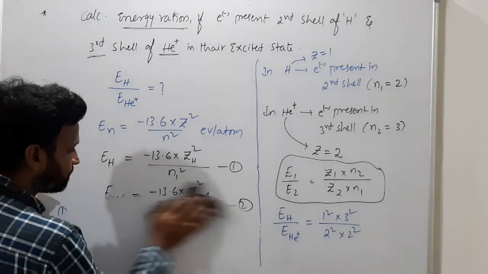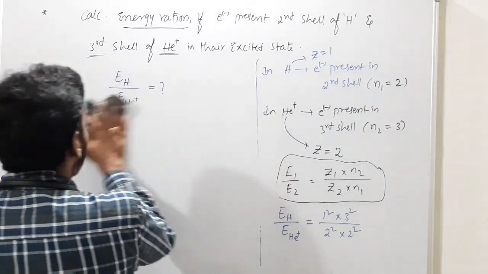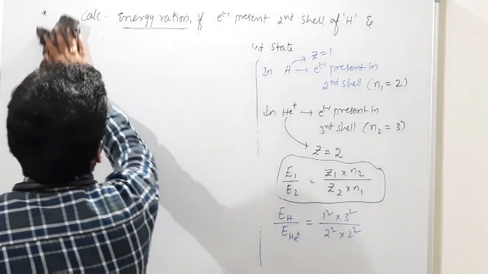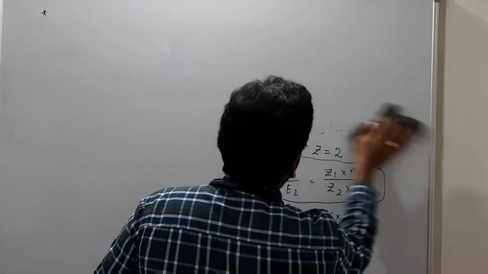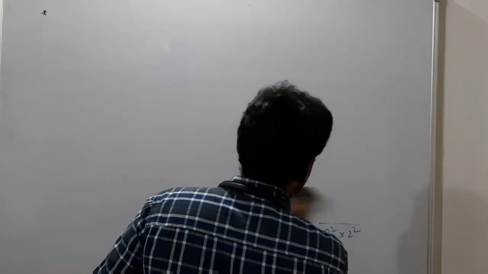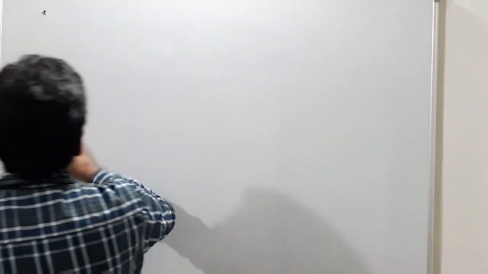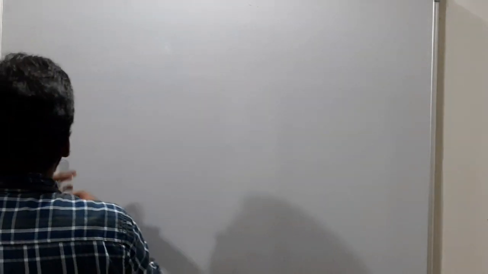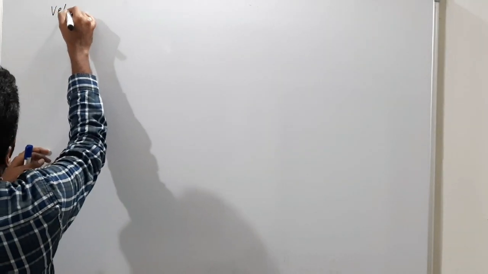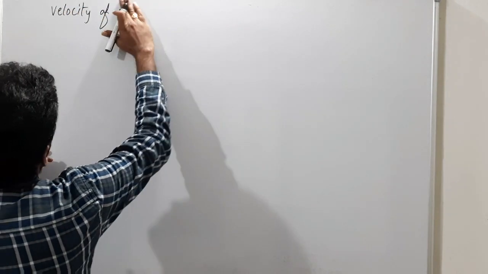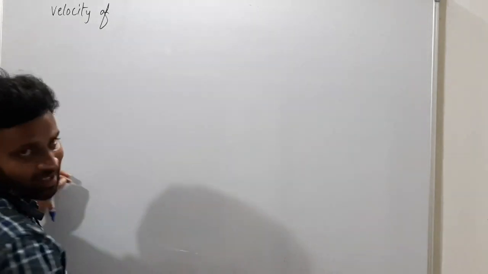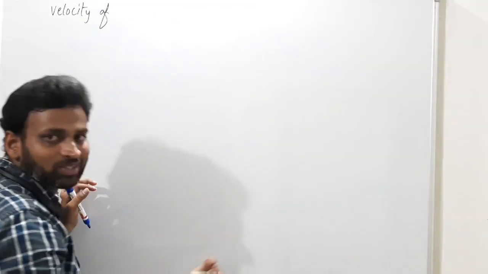Okay. Now I will give you the velocity of the revolving electron. Directly I will give you, please note it down: the velocity of the electron, not the nth orbit. An orbit doesn't have velocity.